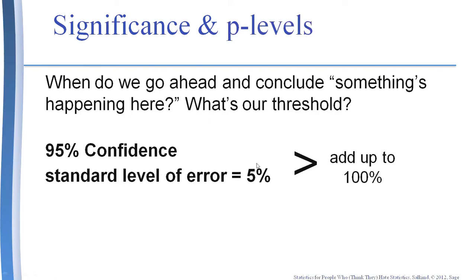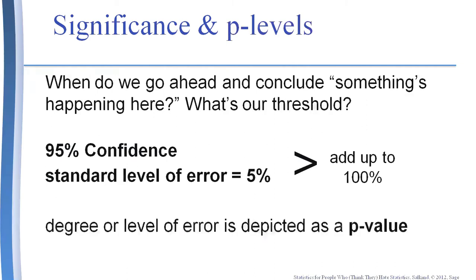So we want at least 95% confidence that what we're observing, our results from our statistical test, are due to a phenomenon and not just out of a chance of error or randomization or probability, right? The way that we look at our level of error and our level of confidence is to look at the p-value.